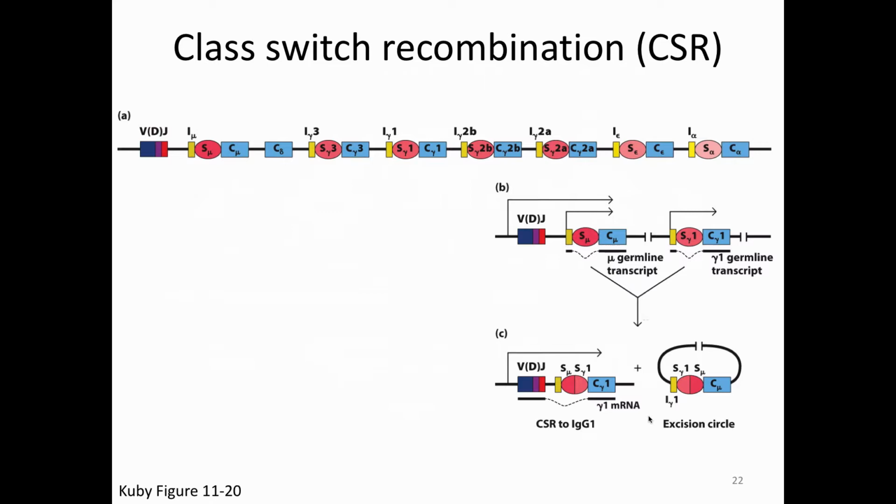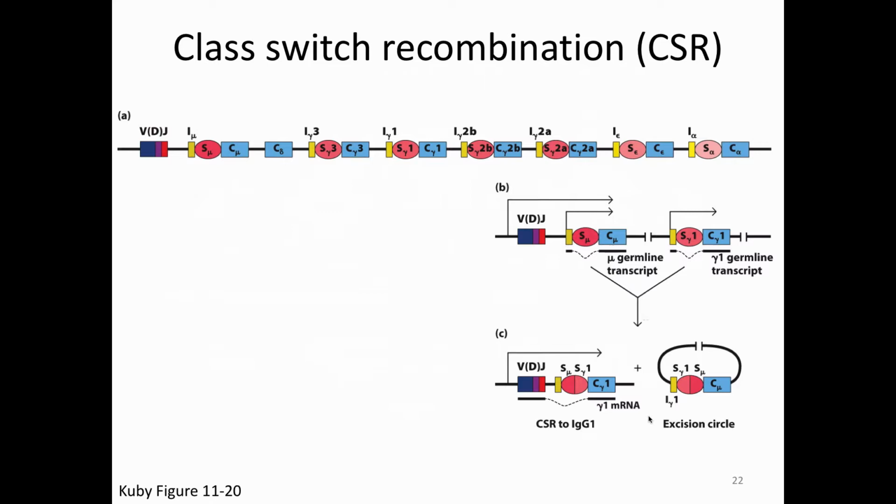When I talked about the constant region genes for all of our different antibody isotypes, I showed you that they were really far apart, but I didn't tell you about one important feature of that DNA. Right before each of the constant regions, there is something called the switch region, or it's labeled here as the S. It is completely not to scale.